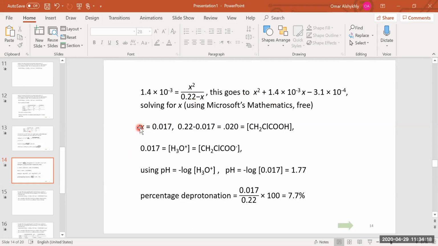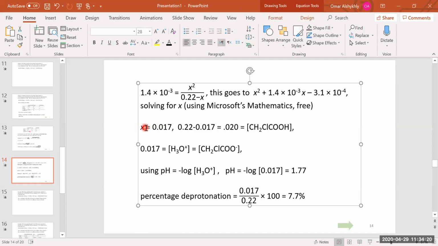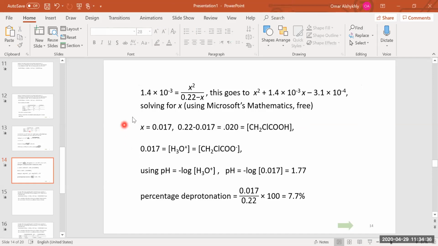So here x will give us two values, either x is 0.017, or it will give you also maybe a negative value.